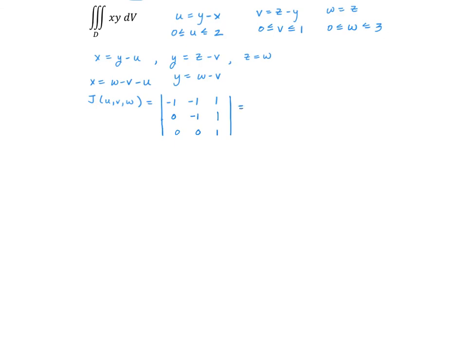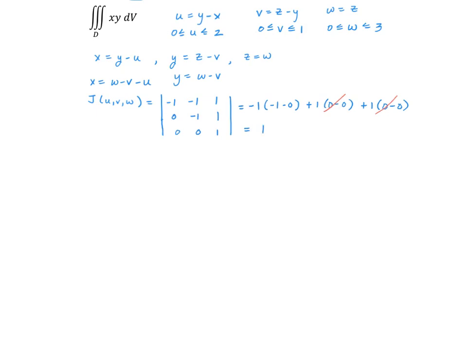So plus minus plus. This is going to be a -1 times -1 minus 0 minus a -1, so it becomes a +1. 0 minus 0, so that's going to be gone. Plus 1 times 0 minus 0. So gone, gone. This is just equal to 1.